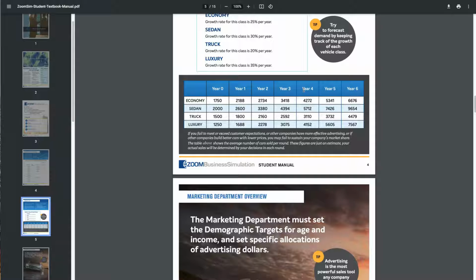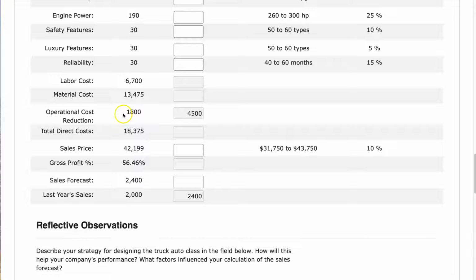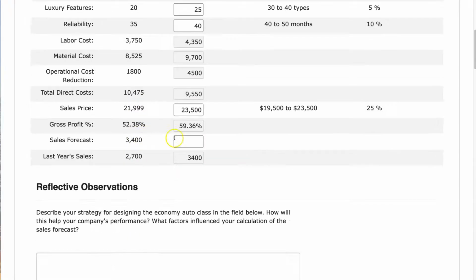And hopefully I can figure out, are my cars better, average, or worse than the average? And now that dictates whether I forecast higher, lower, or about the same as I'd have here. Okay. So I got those numbers, and for this car, I'm going to move it up to 4,300.